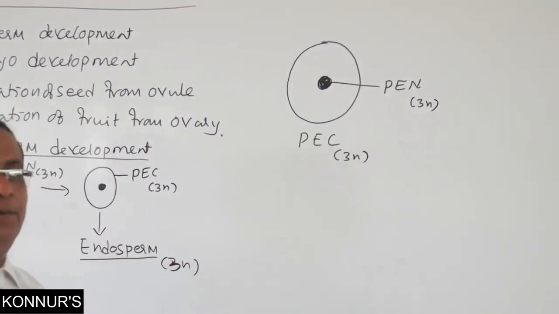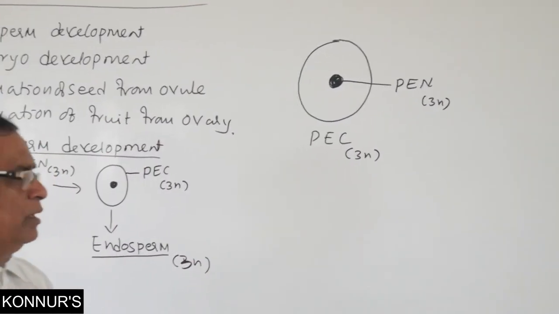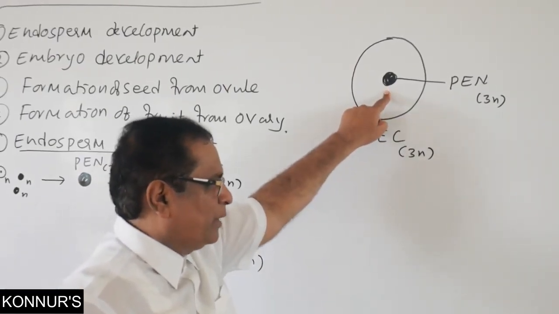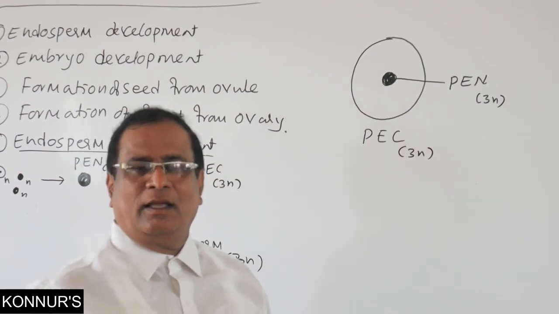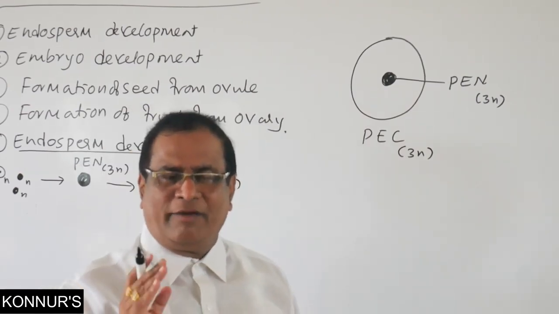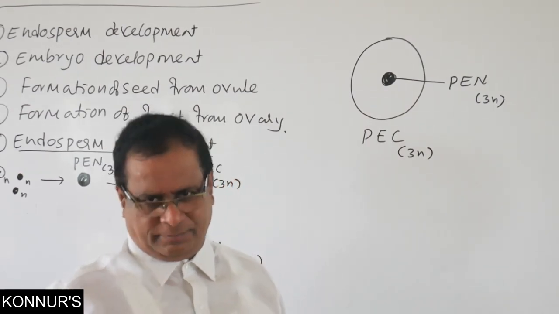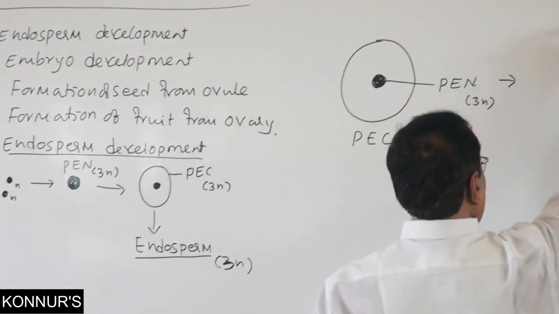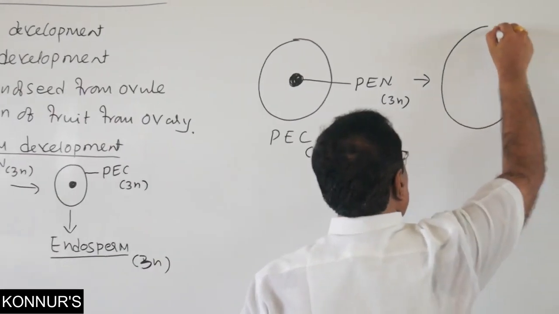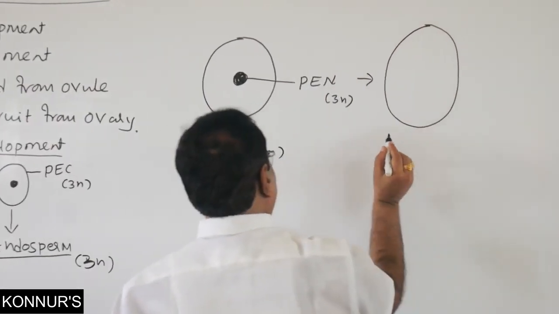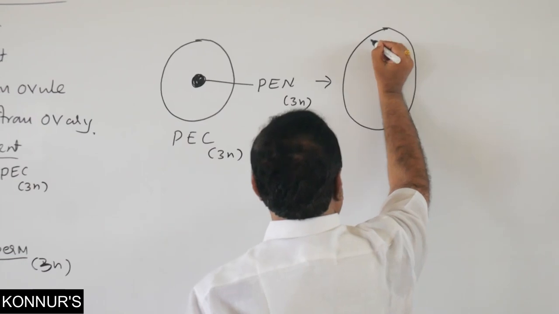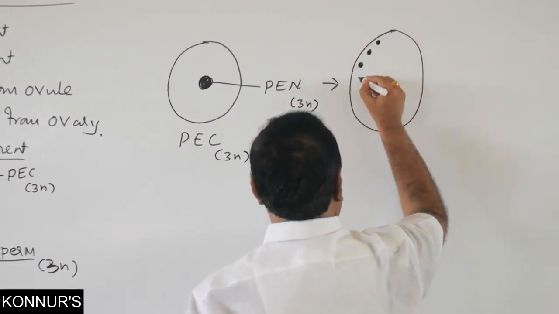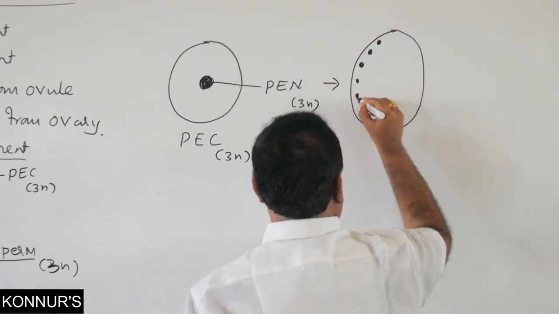How is this endosperm formed? First, this primary endosperm nucleus undergoes a free nuclear division, so that totally in this PEC, triploid free nuclei are formed like this.